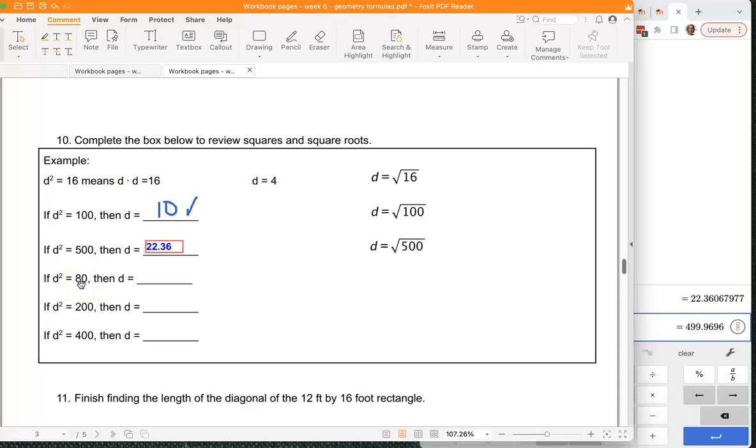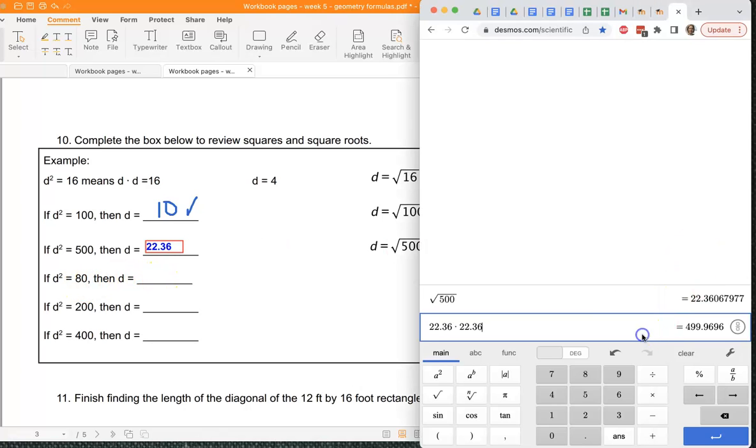D squared is equal to 80, so what is d? Okay, pop over here, square root of 80. 8.94. So I'll try 8.94, and if I want to square it, I can just press the squared key, and that basically gets me 80, pretty close, 79.9.